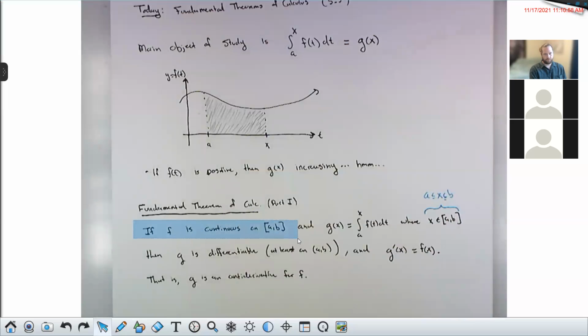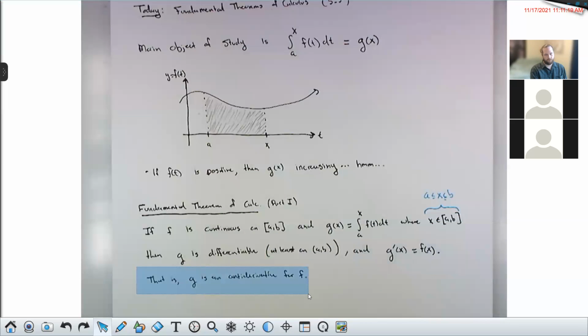So yeah, if f is continuous on AB and g of x is the integral from a to x of f of t dt, where x is in the set AB, or equivalently a is less than or equal to x is less than or equal to b, then g is differentiable, at least on the open interval ab, and g prime of x is f of x.